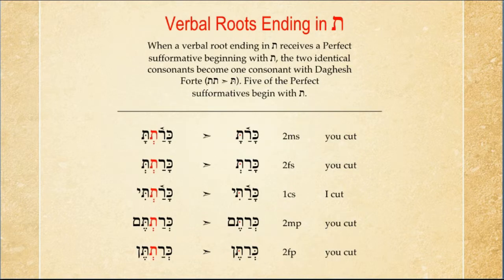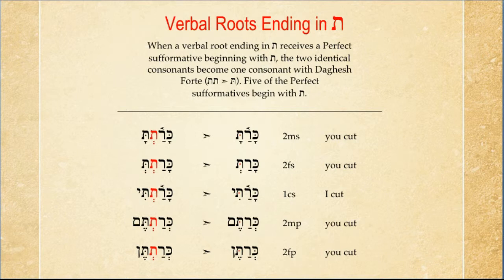So let's move on. The verbal roots ending in tav. This is a little bit different. Just remember, a strong verb is a strong verb. But what happens when you have a verb that ends in a tav, and then there are some endings in the paradigm that begin with a tav?